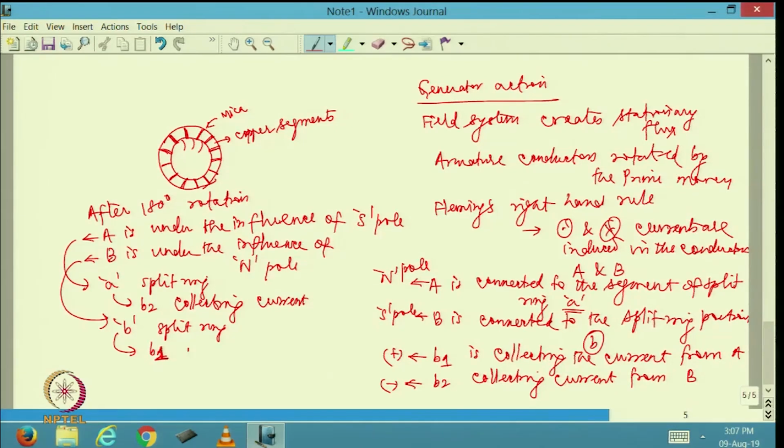So, B1 will always be positive, which is under the influence of the south pole. So, all I can say is brushes are going to be affiliated to a particular pole. B1 is always affiliated to the north pole and B2 is always affiliated to the south pole. This entire thing is possible because of the commutator and brush arrangement.